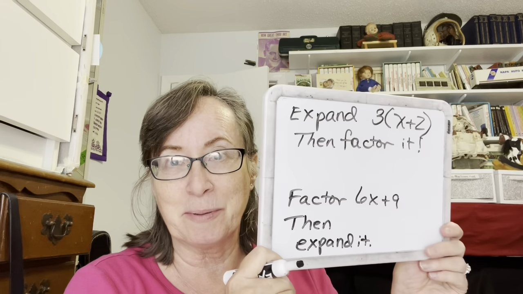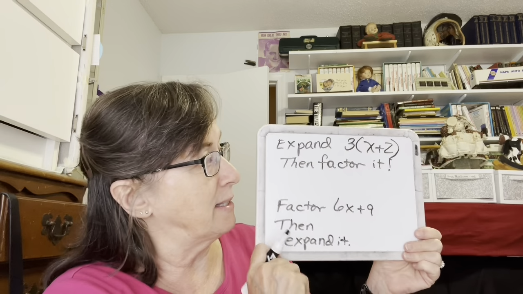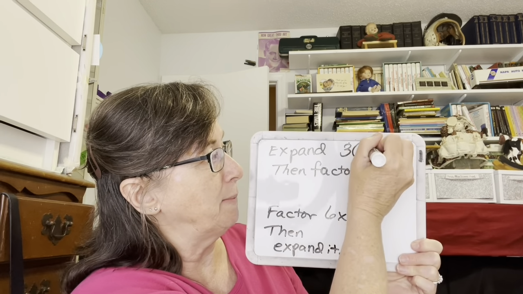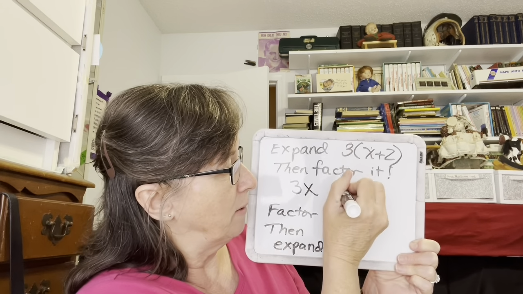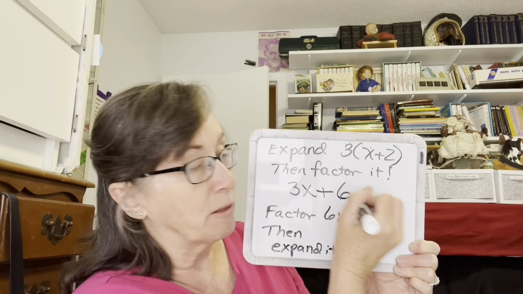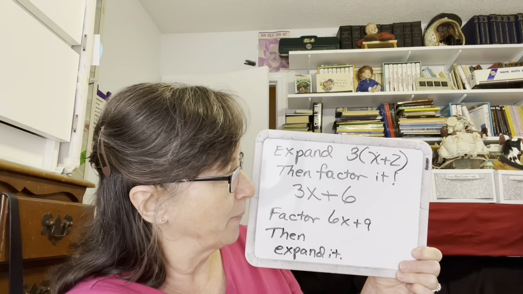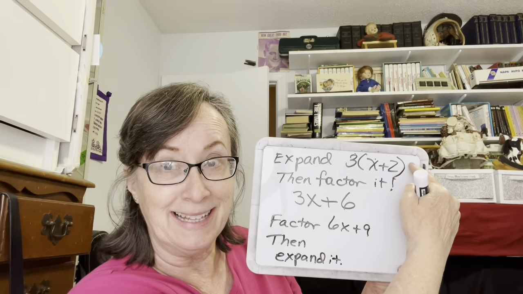This is example 2. It says expand 3 times x plus 2. If we expand it, we have 3 times x is 3x. 3 times 2 is 6. 3x plus 6 is our expanded expression. Now we're going to factor it. Shouldn't we go back to this?